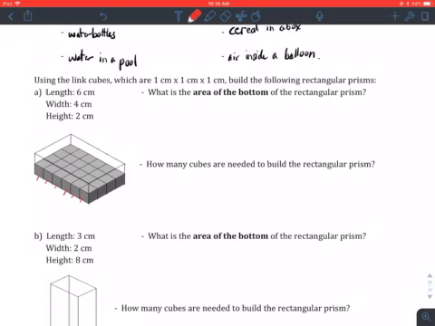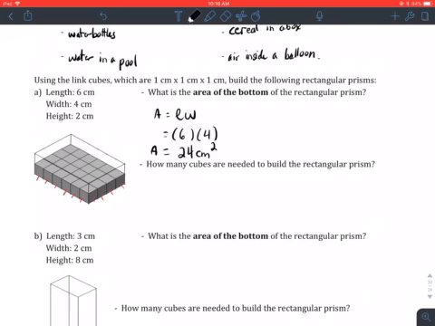So it's a 6 by 4 rectangle. And we have our formula, which is length times width. It's the area of a rectangle. And we could say that it's 6 multiplied by 4. And if these cubes are 1 centimeter in length, that means our area has to be centimeters squared. So the area of the bottom is 24 centimeters squared.